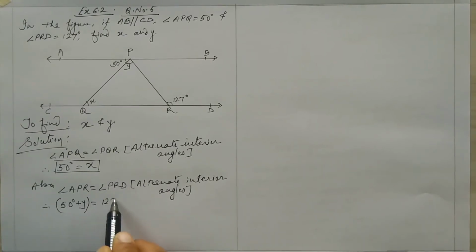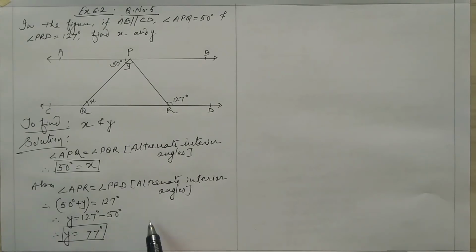PRD is 127 degrees. So therefore Y is equal to 127 degrees minus 50 degrees. So Y is 77 degrees. So you got your answer.